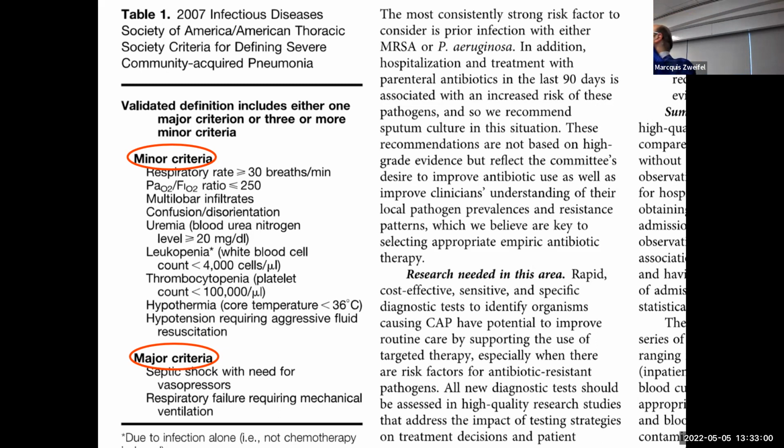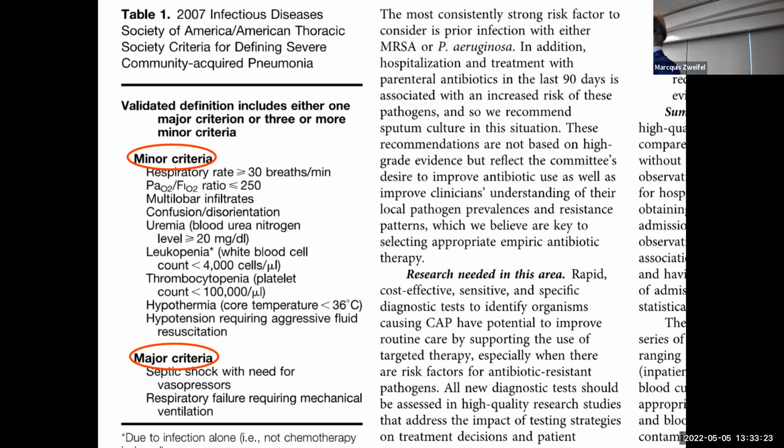You need 3 of the minor criteria, okay? 3 of the minor criteria. Think about the CURB-65, but we'll remove the 65. They have these criteria. What's missing in CURB-65 that does not make CURB-65 the best to tell you? Multilobar pneumonia, like this patient, with hypoxemia with PF ratio 250 or less.